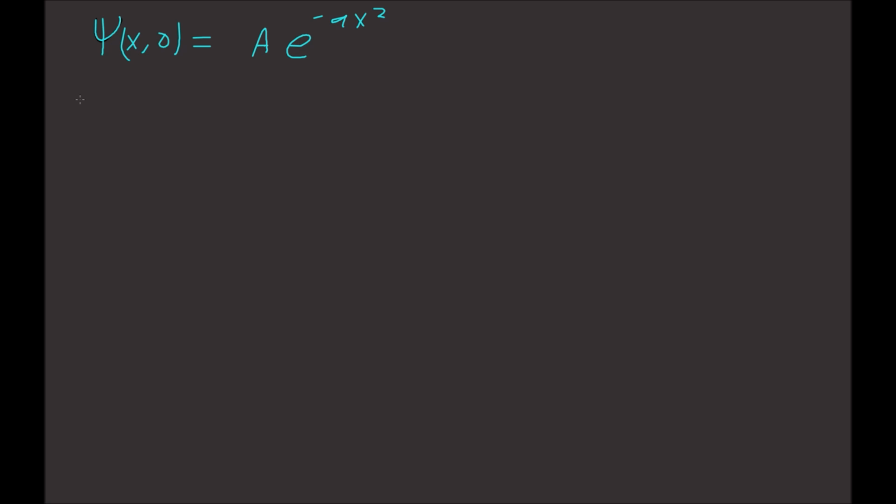So the first thing we need to find is we need to normalize the wave function. Then we're gonna have to find the wave function in terms of x and t. Then we need to find psi star psi, or the modulus square of psi.